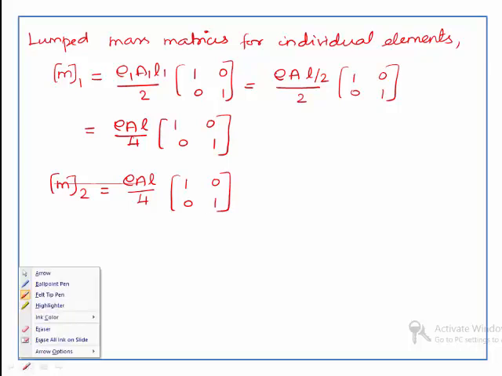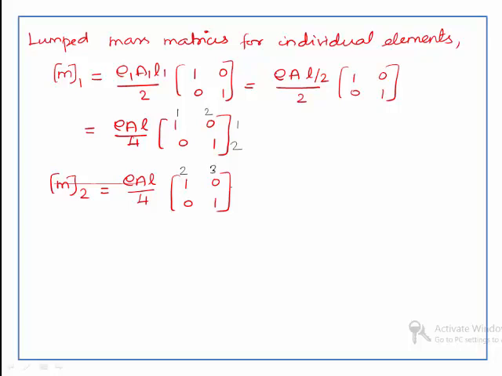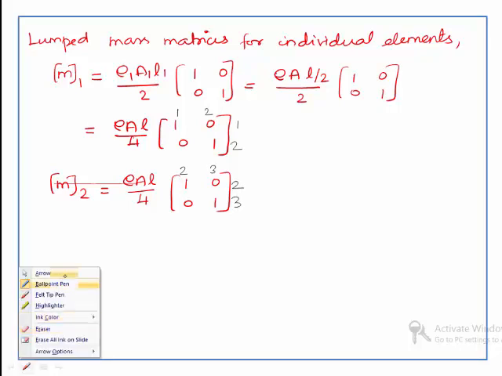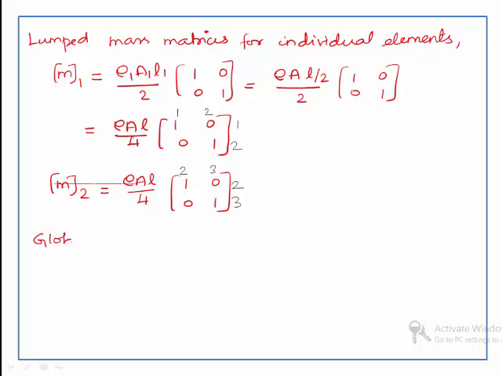Now label them, 1 2 for the first element and 2 3 for the second element. Now we can assemble the individual mass matrices to obtain the global mass matrix.